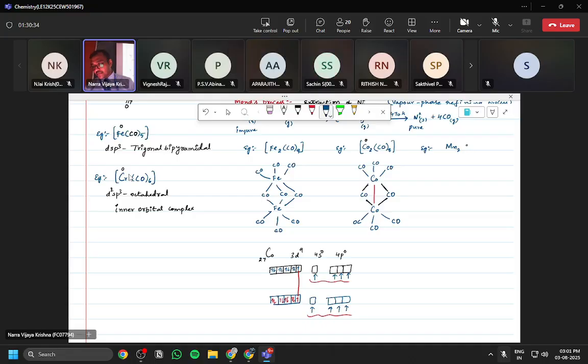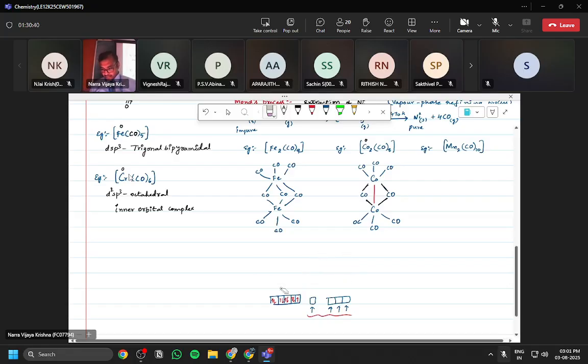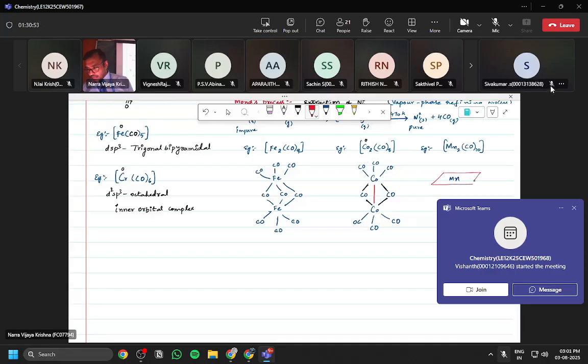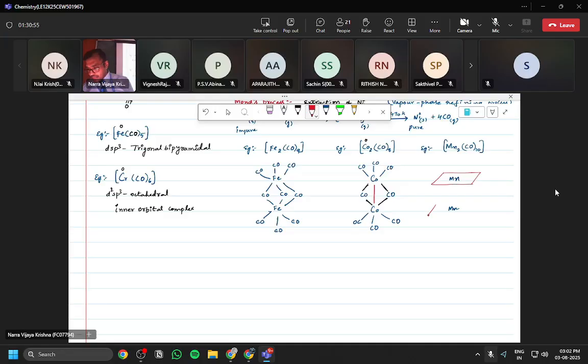Mn2(CO)10. Manganese, manganese, CO, CO, CO, CO, and one CO here.